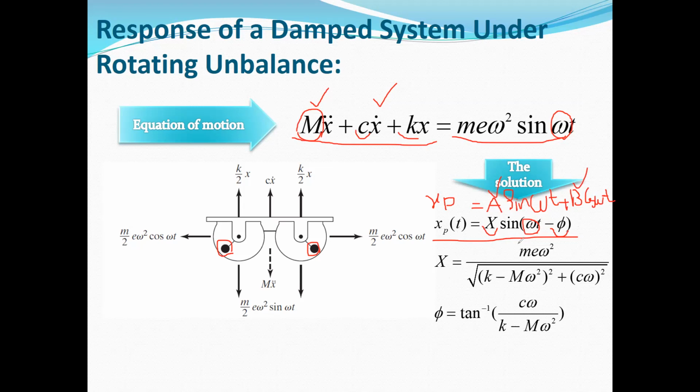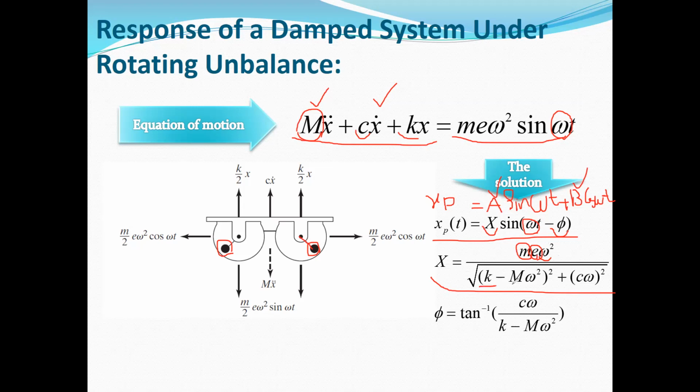So the amplitude of the response is equal to this value. As you can see, this is a function of m, which is the mass of the unbalanced particle, a function of e, which is the radius of the unbalance, and omega, which is the frequency of rotation.